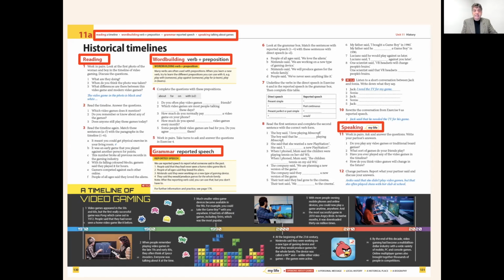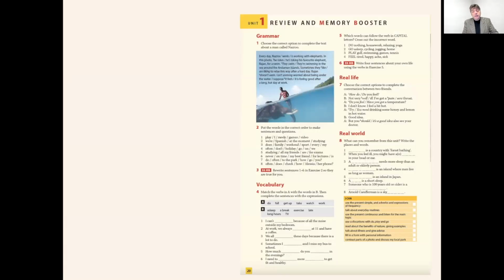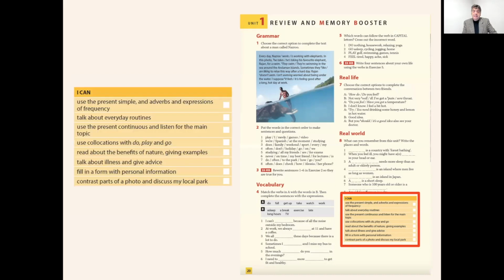So something to consider. Then at the end of the unit, this is just to go back to the idea of backward planning. Notice on the review page of the unit, there's a list of I can statements. These I can statements, or can you statements, you can word them as questions if you like. Students review at the end of the unit what they feel confident with. Now you can put these at the end of a single lesson on the worksheet.